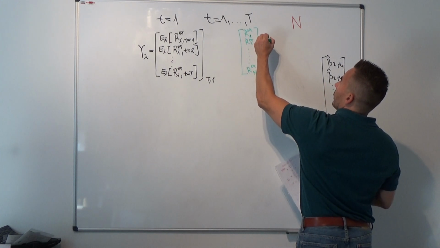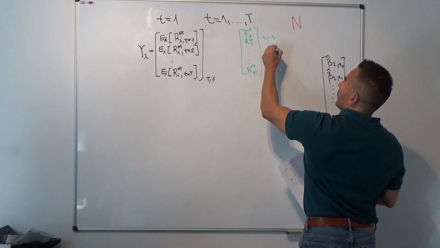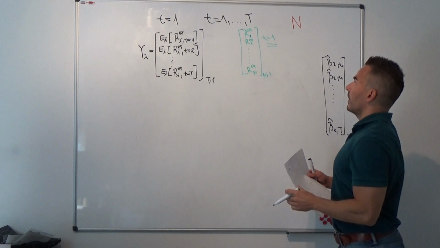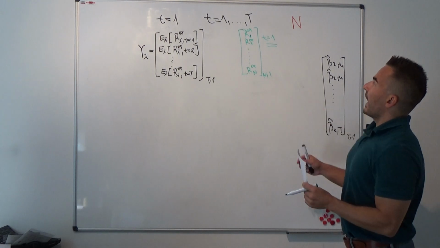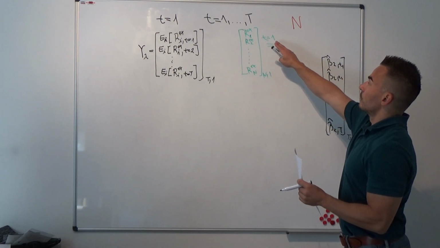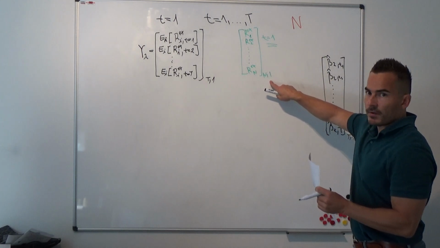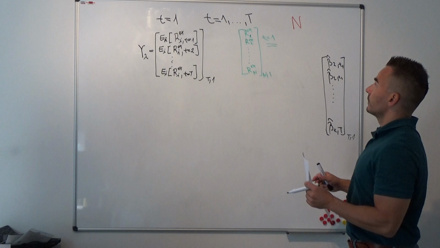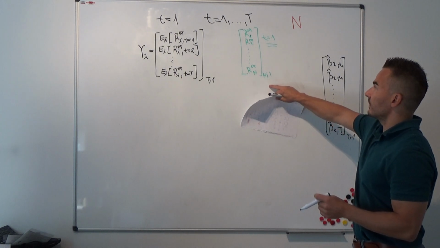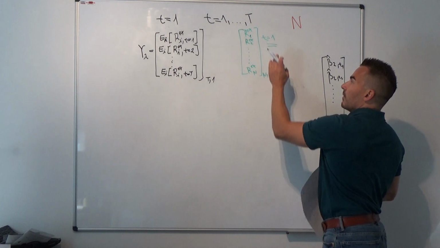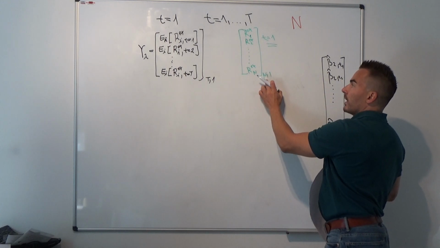This vector has a dimension n by 1. And for t is equal to 2, we have another vector of excess returns. It has the same dimension, n by 1, but it's a different vector, obviously. That's the cross-sectional vector given time t is 1. This is the dimension n by 1.